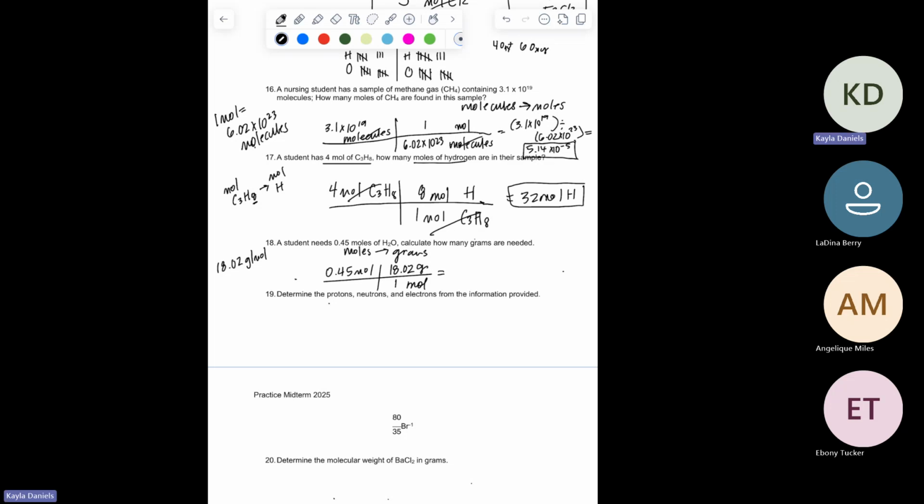So I've canceled out my moles and I'm into grams. I just need to multiply 0.45 times 18.02. I got 8.11 grams.